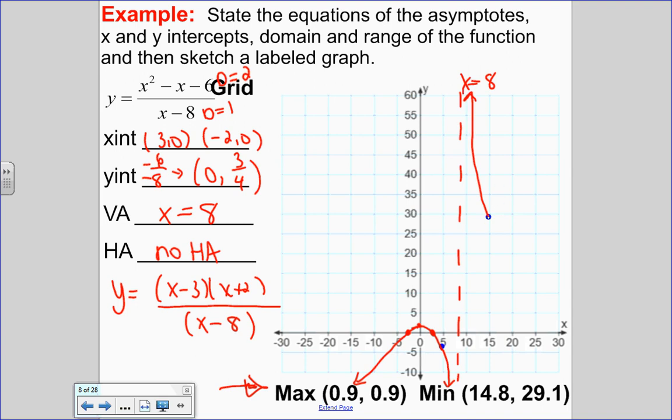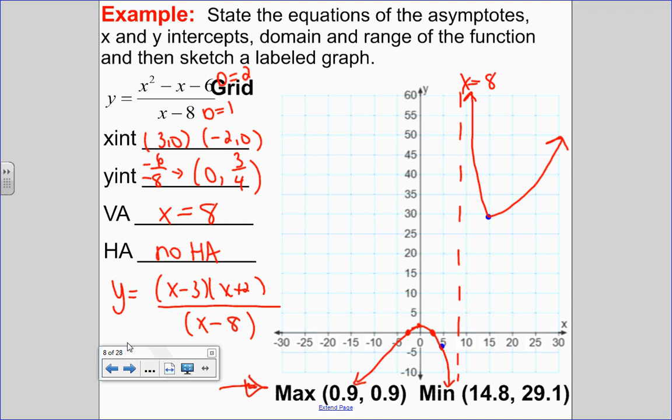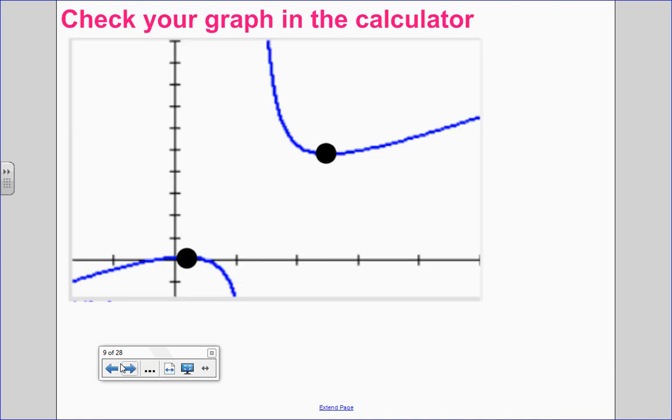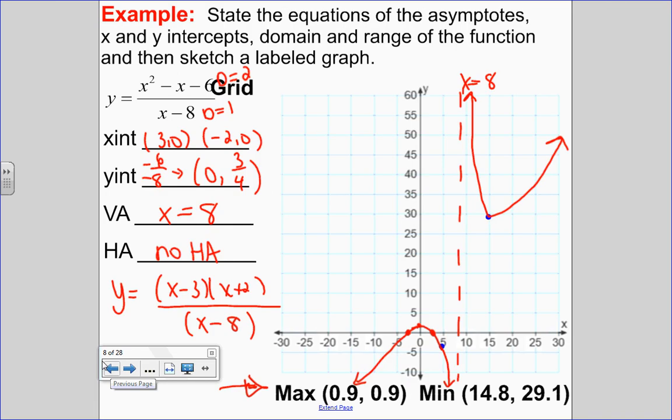And then this one here, since that's the lowest point, it's just going to come right back up because I can't go any lower than that. Again, you can always put these into your calculator just to give a little idea of what the graph will look like, but I'd want to see all of those important points on it. So looking in the graphing calculator, I can see that's a pretty reasonable graph.